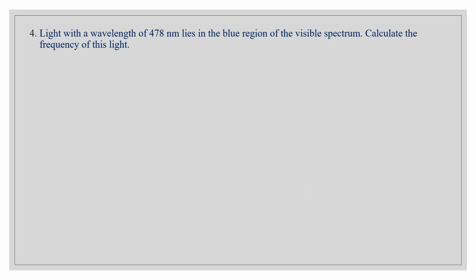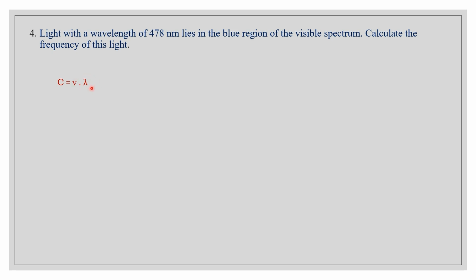Go to the fourth question. The light with a wavelength of 478 nanometers lies in the blue region. Calculate the frequency of this wavelength, 478 nanometers. We can simplify this equation. c is the speed of light, 3.0 times 10 to the power 8. Lambda is given as 478.